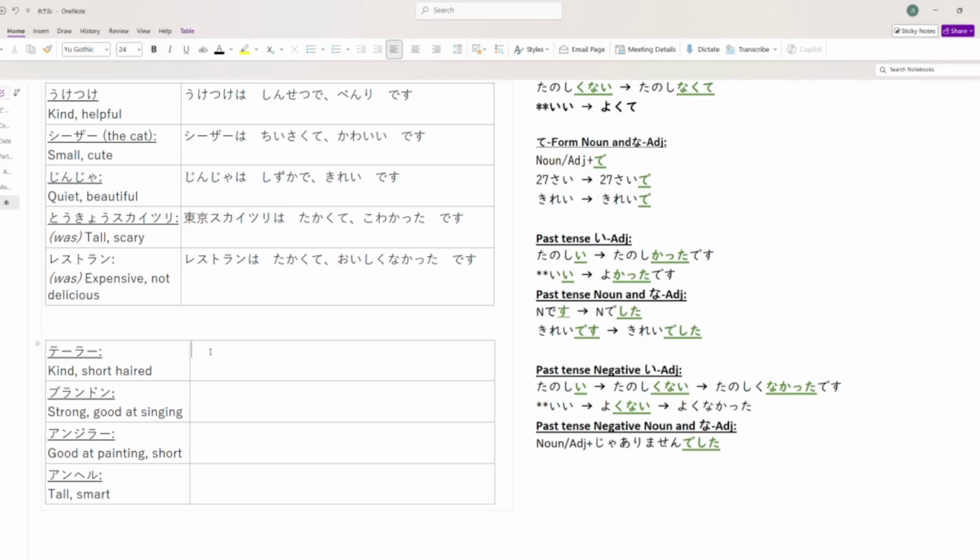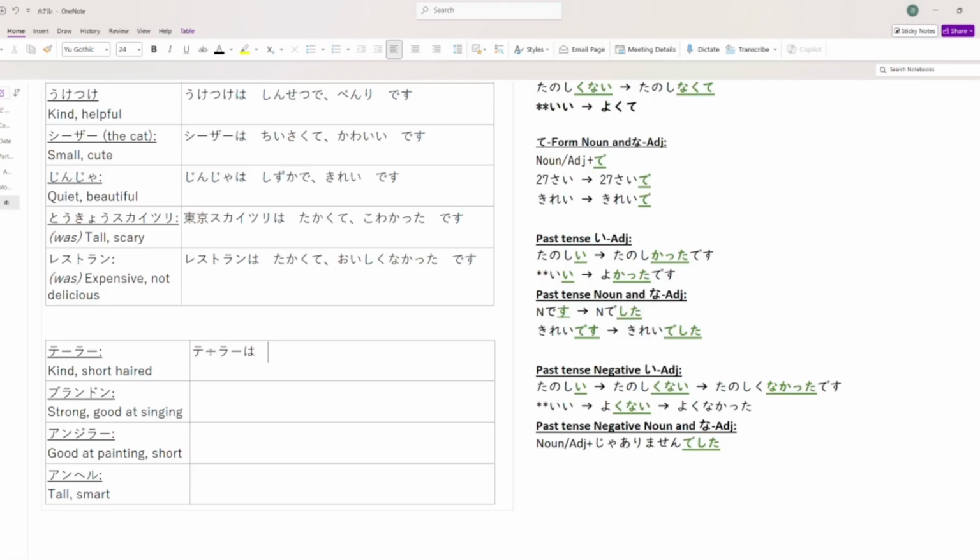Kind and short hair. Tata? Tata wa kind. This is where we went to the sheet for the first time, right? Where's my tab?